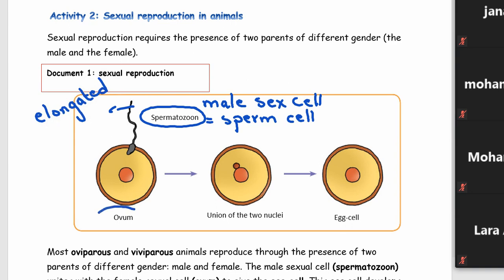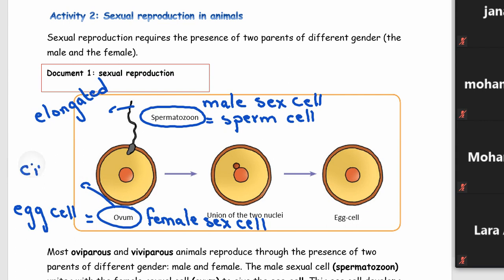While the ovum, the female sex cell, also known as the egg cell, is circular or round. It has a round shape.